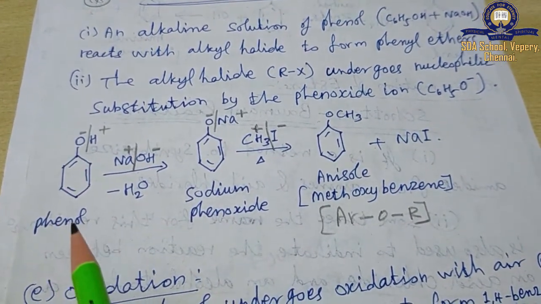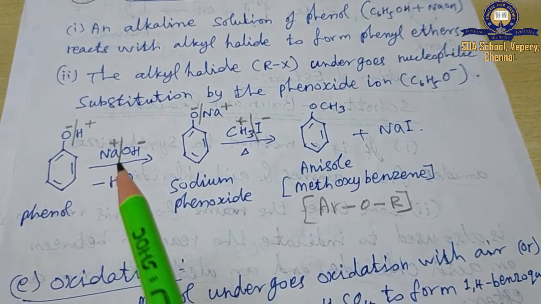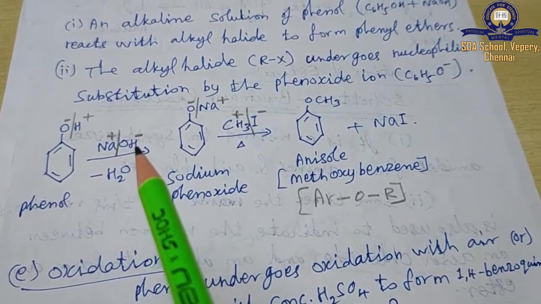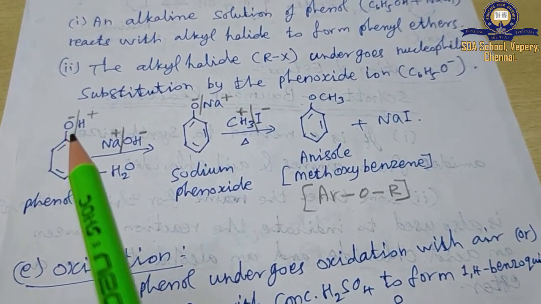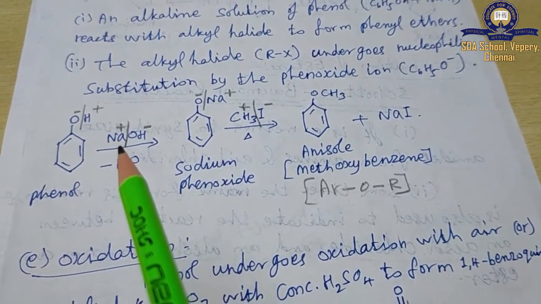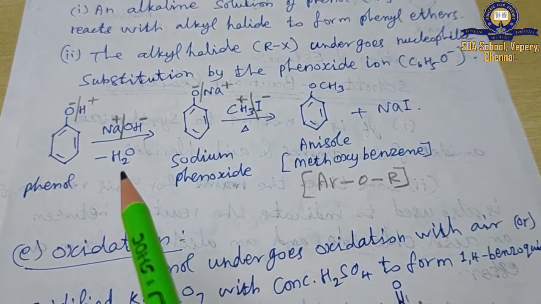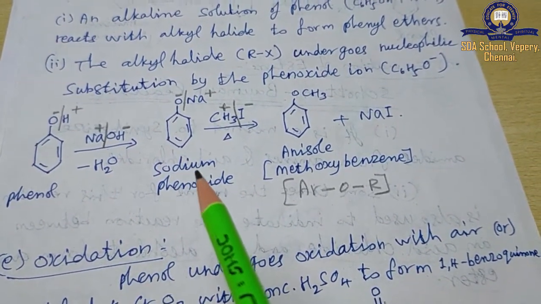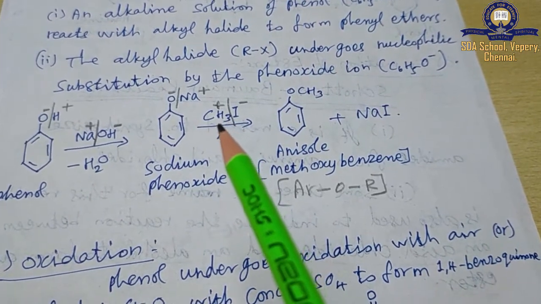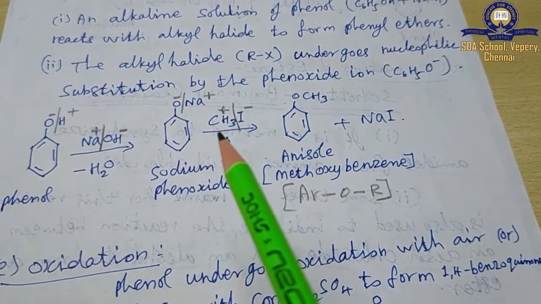Listen, here phenol is allowed to react with sodium hydroxide. Sodium hydroxide ionizes as Na+ and OH-. The phenoxide ion combined with the sodium gives sodium phenoxide. Then H+ combines with OH- and is eliminated as a water molecule. With the formed sodium phenoxide, now alkyl halide is allowed to react.